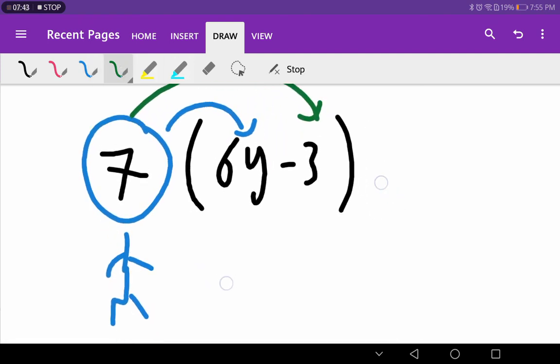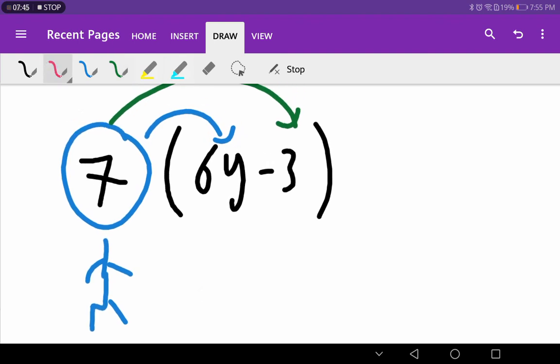Visit means multiply. Let us do it. So 7 multiply 6y equals 42y. And 7 multiply negative 3 equals negative 21. We are done. Okay, let us move to the next example.